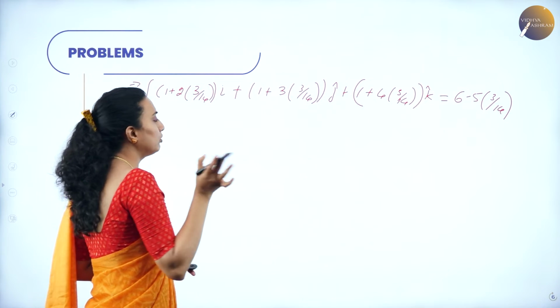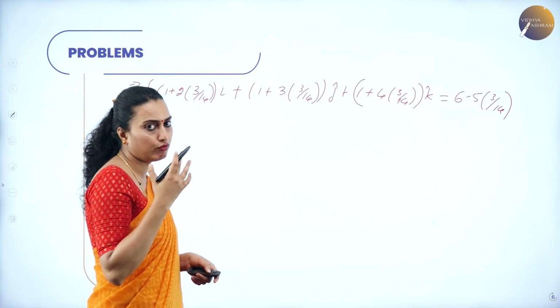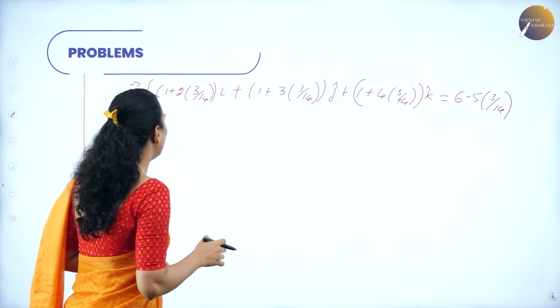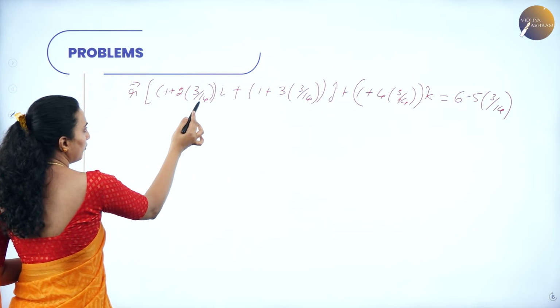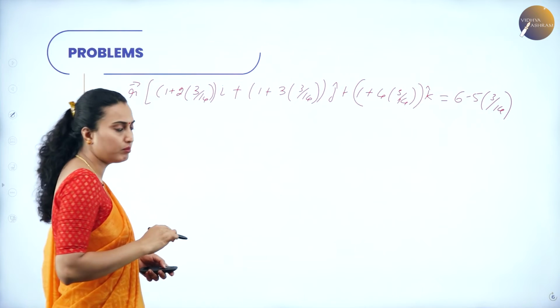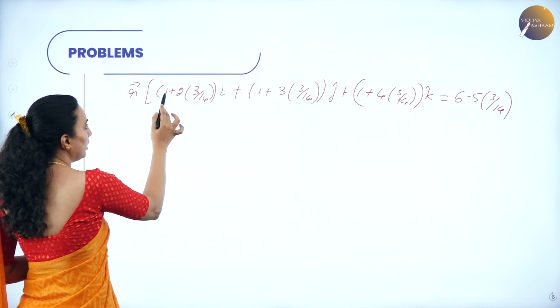Now, multiplying throughout by 14 so that the 14 will get cancelled. If you multiply throughout by 14, you have to take the LCM. So 14 must be multiplied. 14 ones are 14.